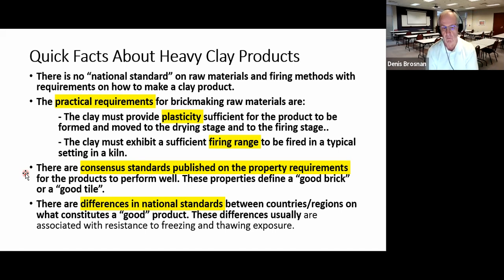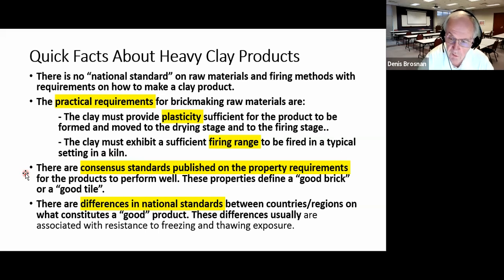Now, I did point out that consensus standards were published on physical property requirements. I will mention this to you later in the course, but nevertheless, sometimes I'm asked, what's a good brick? And let me say that my definition of a good brick is a brick that meets published consensus standards in a region of the world. In the United States, ASTM, American Society for Testing Materials, publishes these.